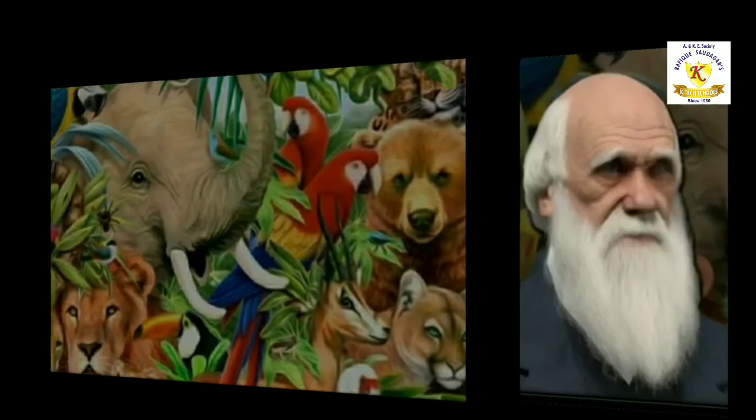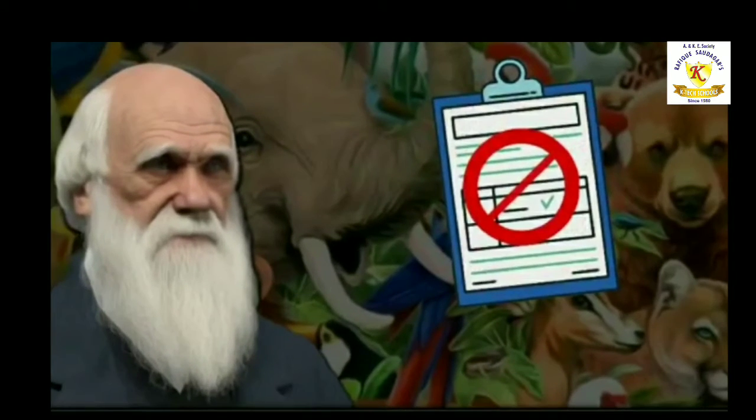Second one, Darwin did not mention any explanation about useful and useless modification. So there was no explanation in his theory about whether useful or useless modifications are there. Therefore there was no explanation about slow changes and sudden changes.